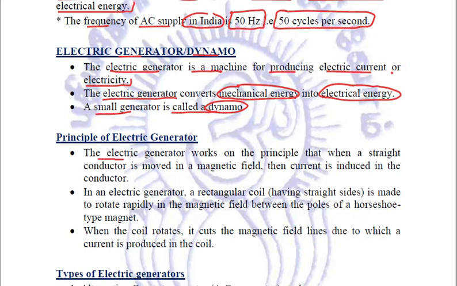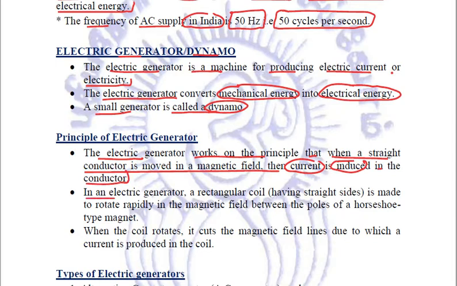The electric generator works on the principle that when a straight current-carrying conductor is moved in a magnetic field, then current is induced in the conductor, right?